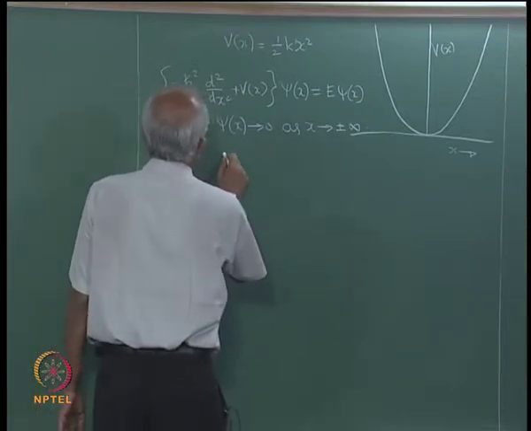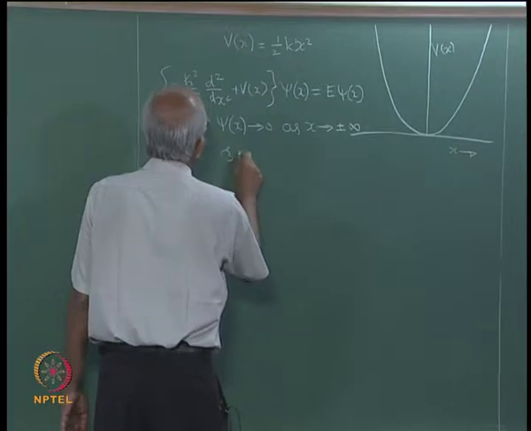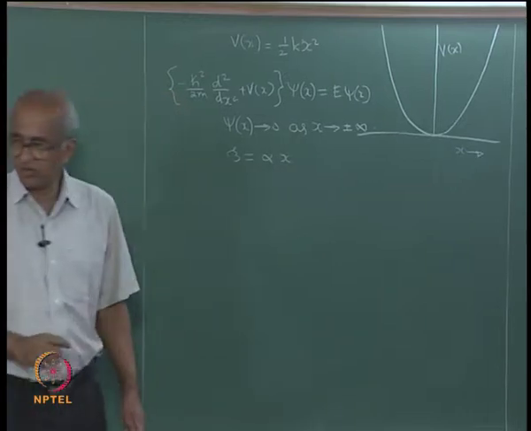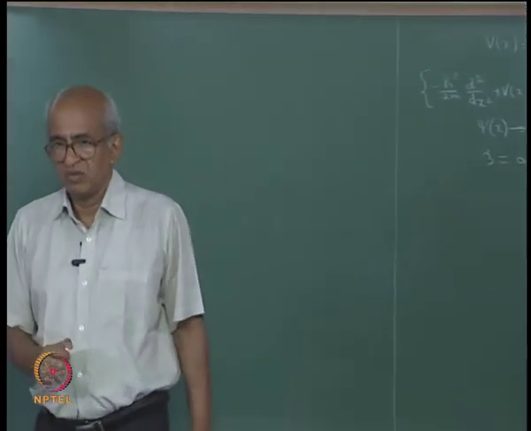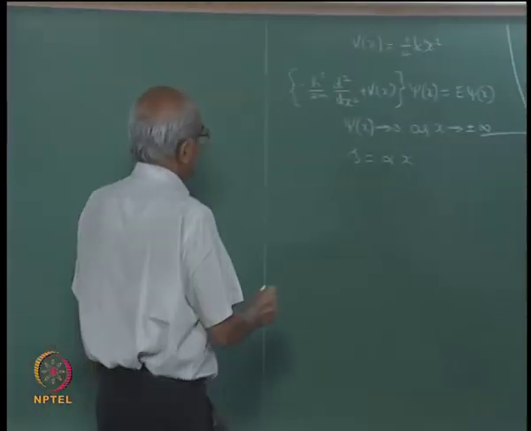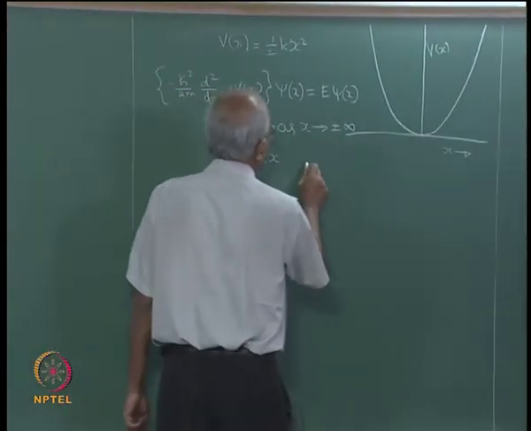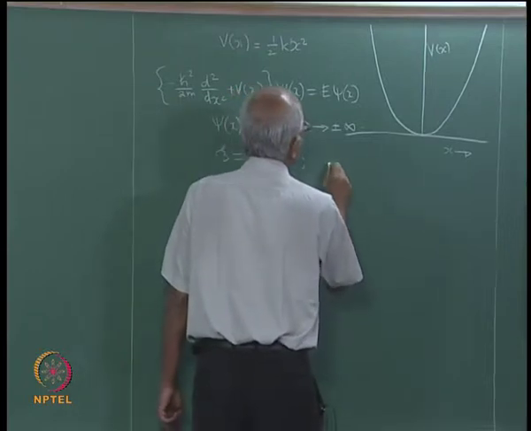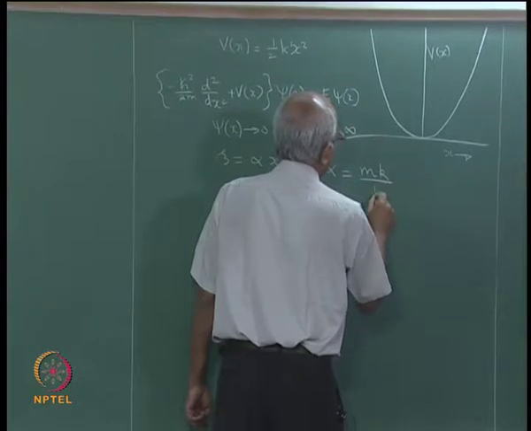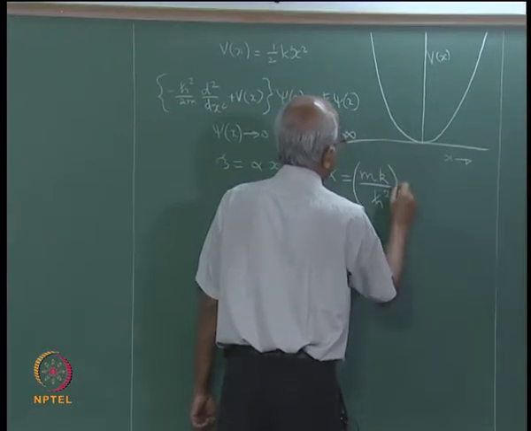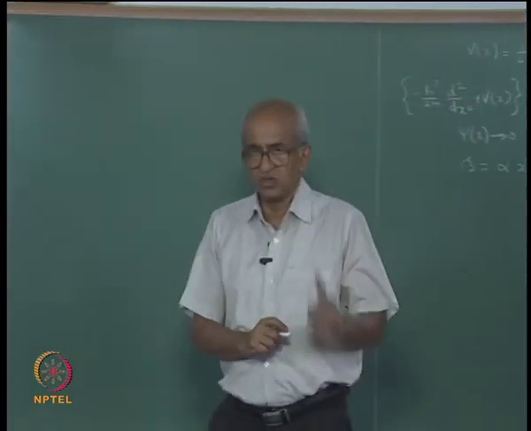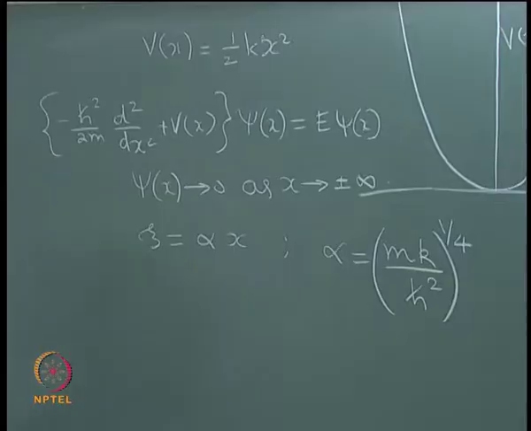We said that c is equal to alpha times x. We determined the value of alpha. Well, I will write it from my memory, but I hope you can verify this. This is correct, right? Alpha is equal to so much. And then what will happen?